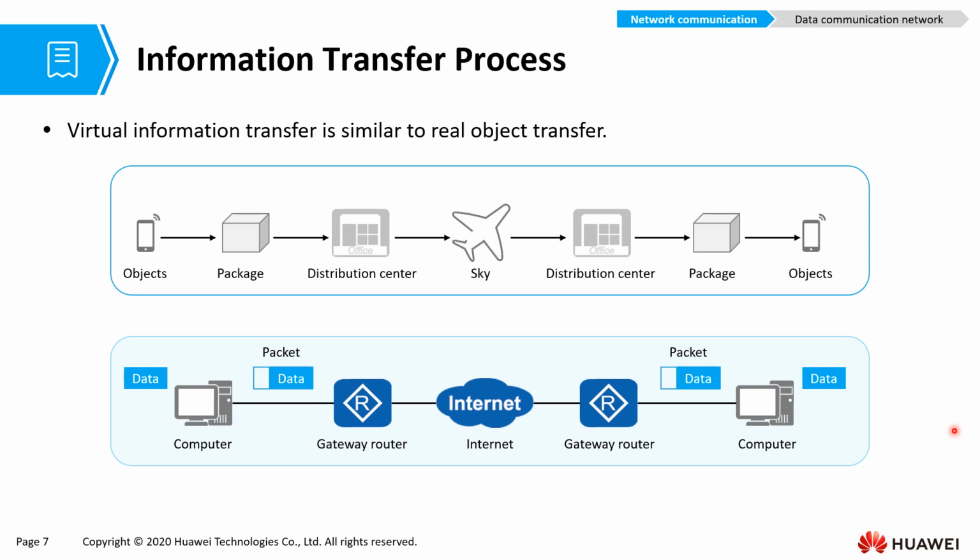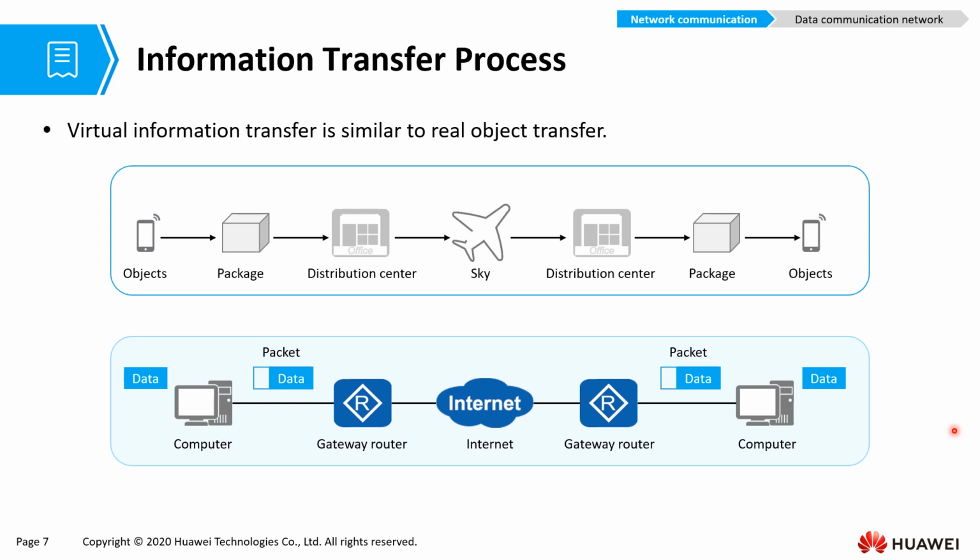Then the gateway sends the packet to a router based on the destination address. After being transmitted through the gateway, the packet leaves the local network and enters the internet for transmission.